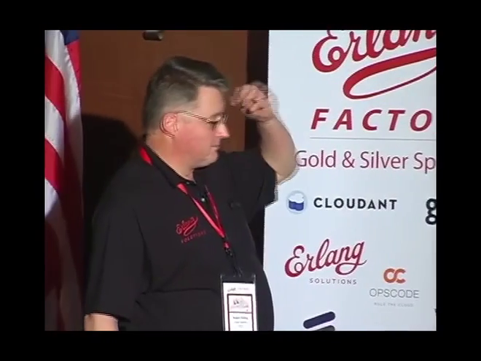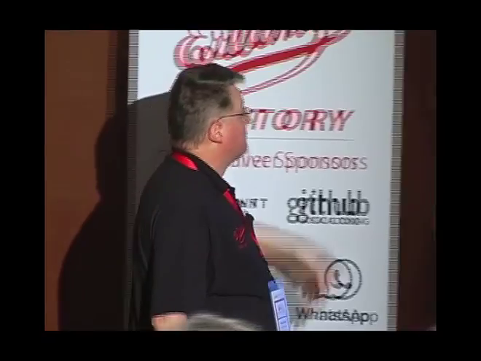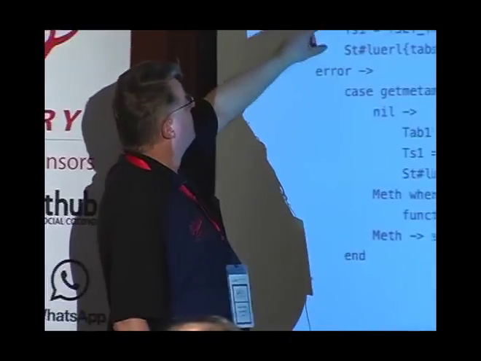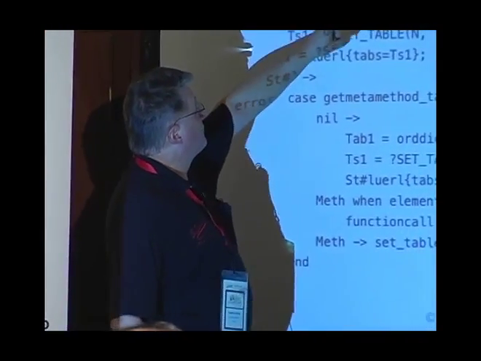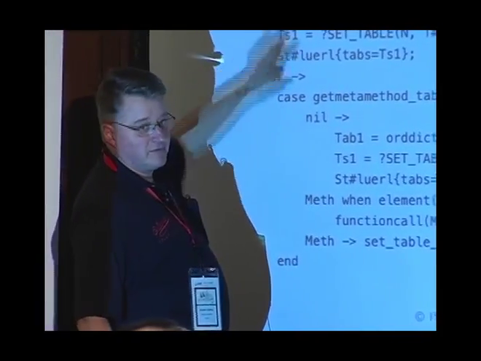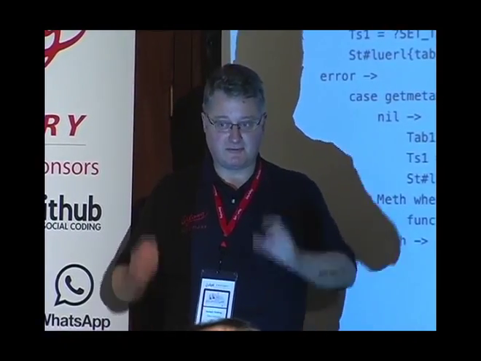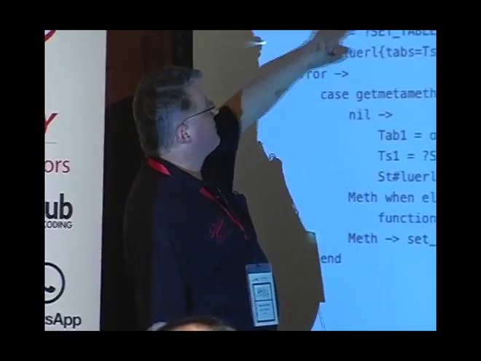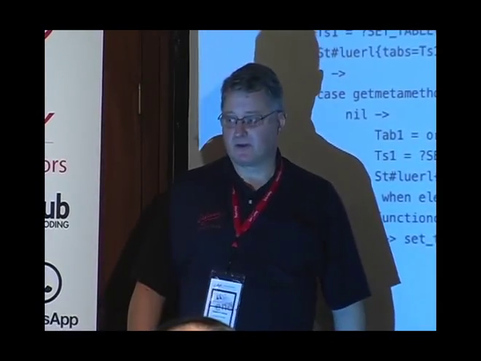If I want to set something like this, this is the function for setting a key here. So I get the table. I've got the table here, and I'm trying to find the key. If I find the key, don't ask me why they do it like this exactly. I don't know. I'm just trying to work out what I do. If I find the key, I just replace the value. Okay.